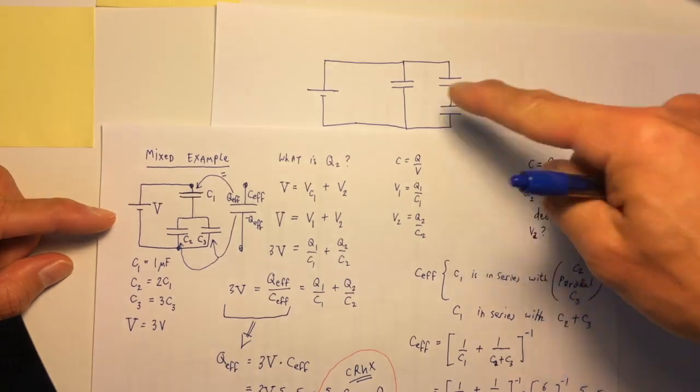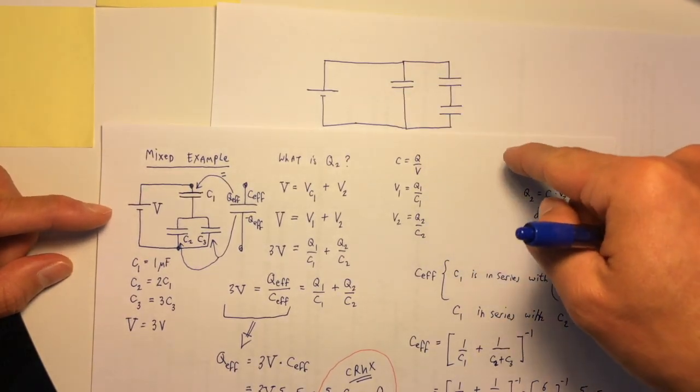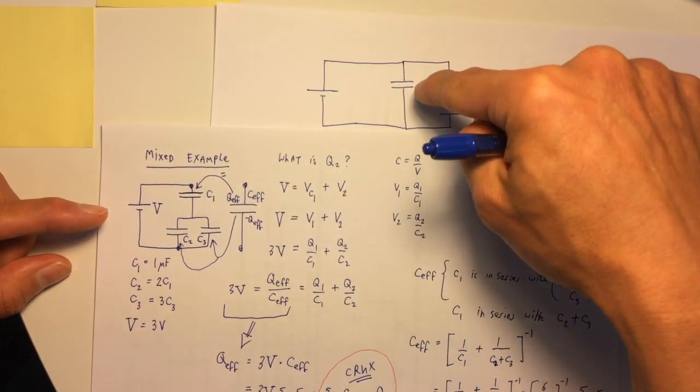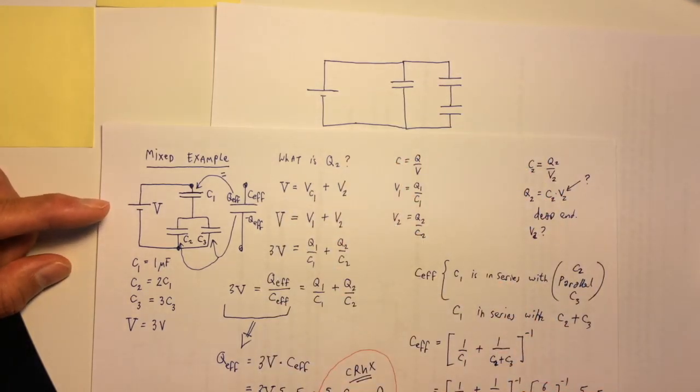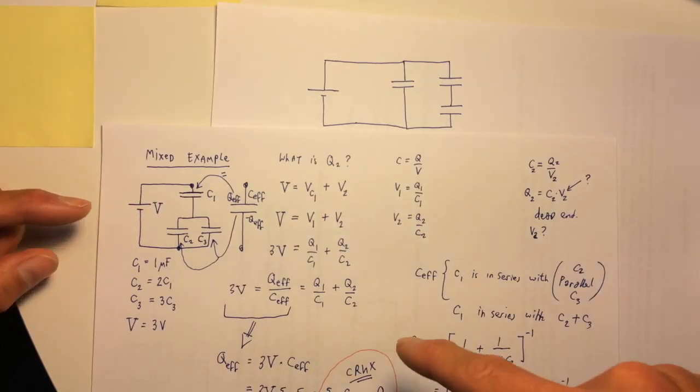They're really different, but they have 3 capacitors. Solving this is going to seem really similar to solving this. You won't have the same crux move, though. There are some similarities, but they're still different.